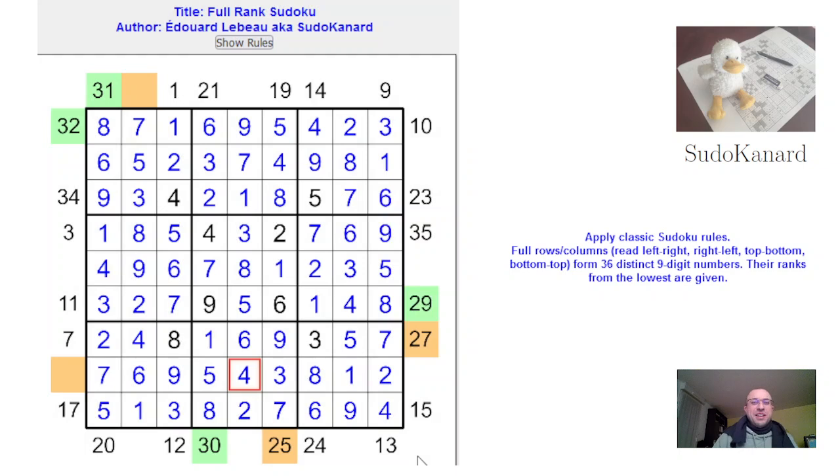And this is it. So this is a way of solving this, and there were probably other solving paths looking at other numbers. But I think this is a good sample of the kind of logic you can encounter with this variant.